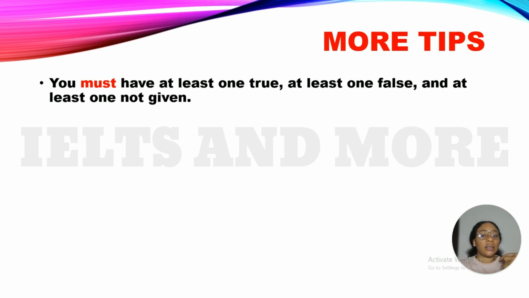That means more than one can be true, but you must have at least one that is false, and you must have at least one that is not given. So be very careful. If you like, let it be only 3 questions. One is false, one is true, one is not given. Okay? So be careful about that.